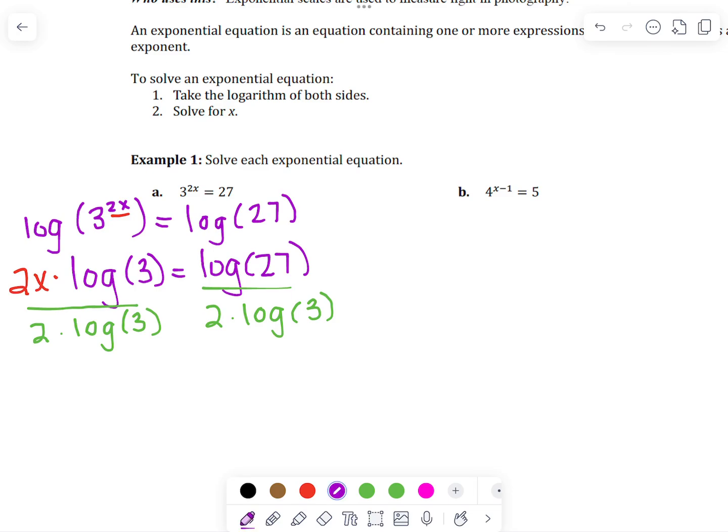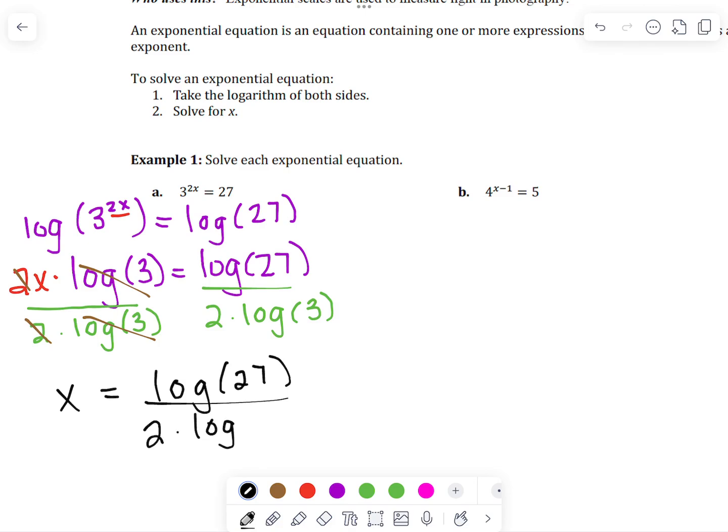So what happens is the 2's cancel out, the logarithm of 3 cancels out. So now what we're left with is x equals logarithm of 27 divided by 2 times log of 3. Now we can go ahead and use our calculator to enter that in, and we get 1.5.